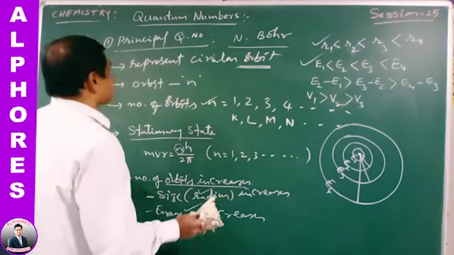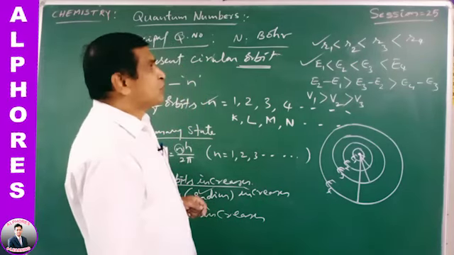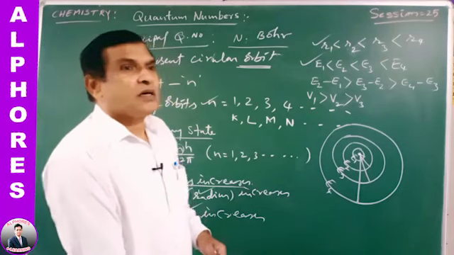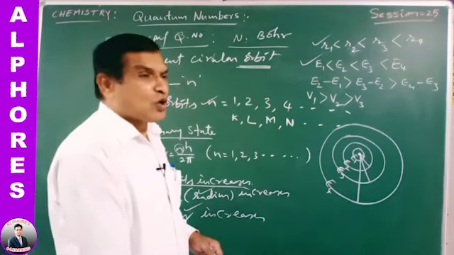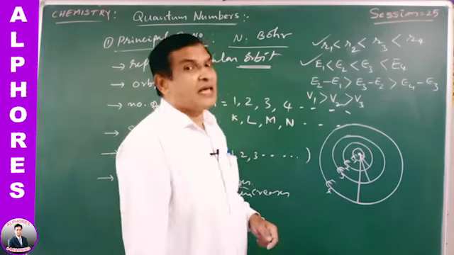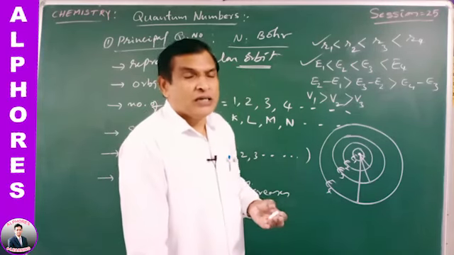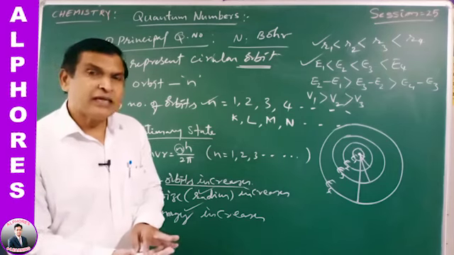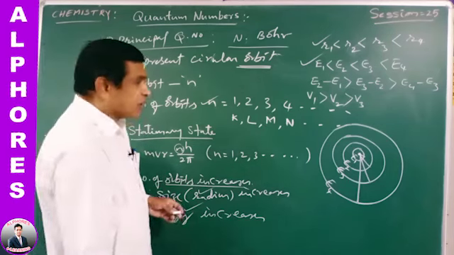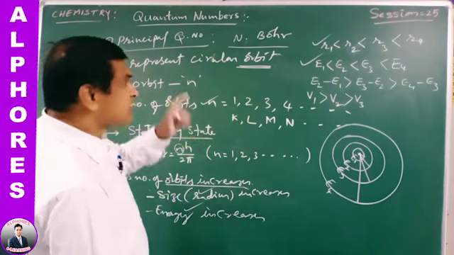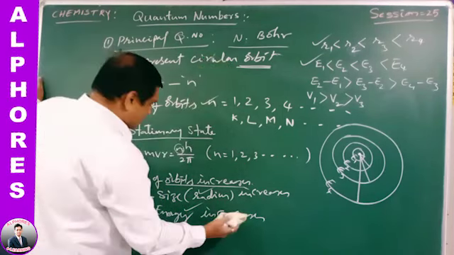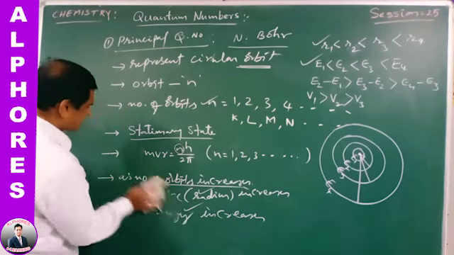And the basic point we should remember is that Bohr's theory explains the spectrum of one electron containing species like hydrogen atom or helium plus or lithium 2 plus or beryllium 3 plus. Bohr's theory connects to that. So now coming to the next point.